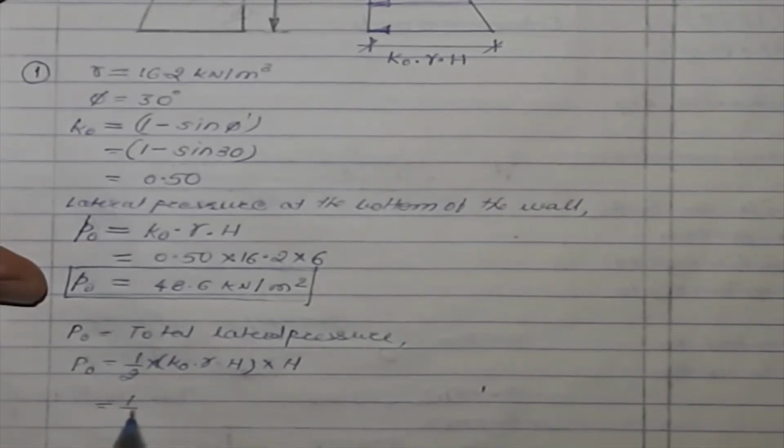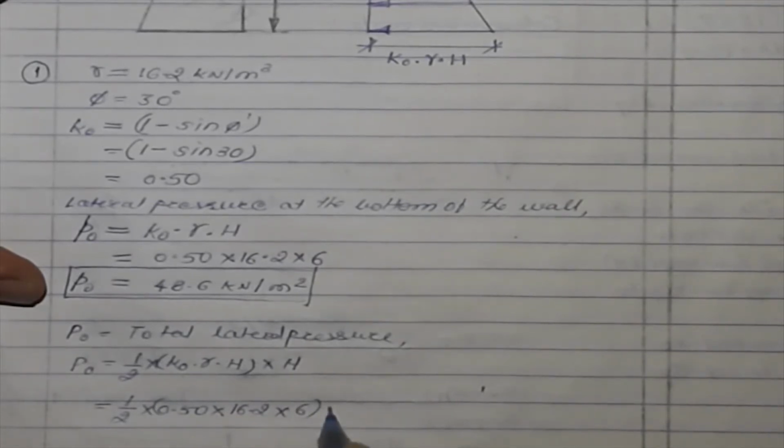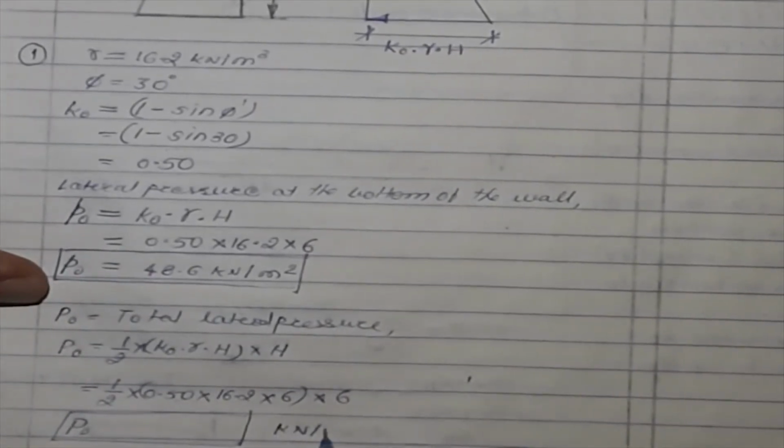This is equal to half, 0.50 multiplied by unit weight 16.2 multiplied by height 6, multiplied by this h, 6 meter. This particular part we have already calculated above, which is 48.6. Hence, after solving this complete expression, we will be getting P0, that is the total lateral pressure. What will be its unit? Its unit is going to be kilonewton per meter length.